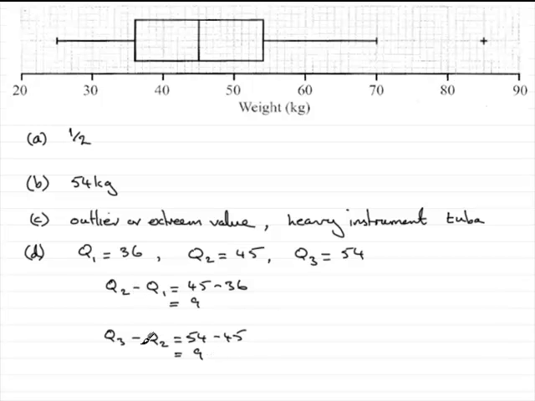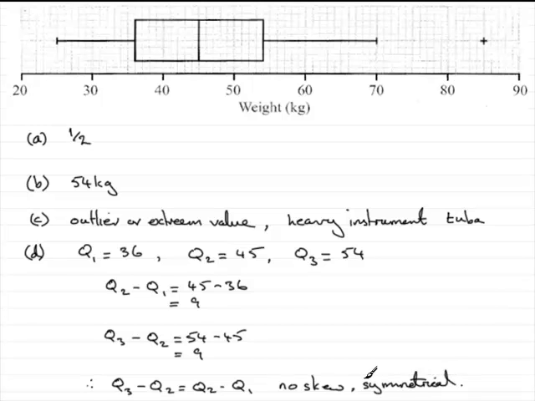So because these widths are exactly the same, let's just put that down, that Q3 minus Q2 equals Q2 minus Q1, then what we've got is no skew at all, or basically it's symmetrical.